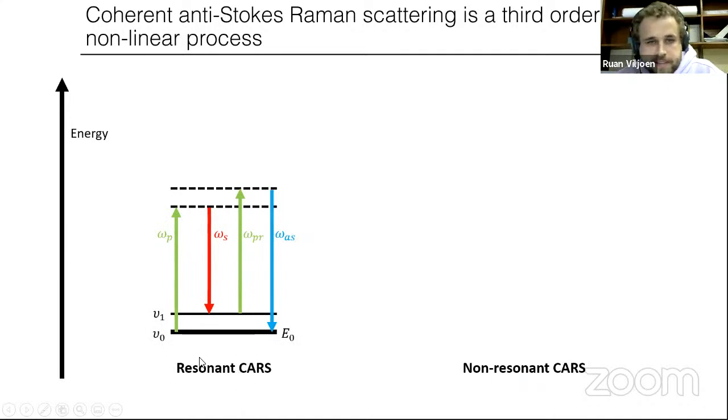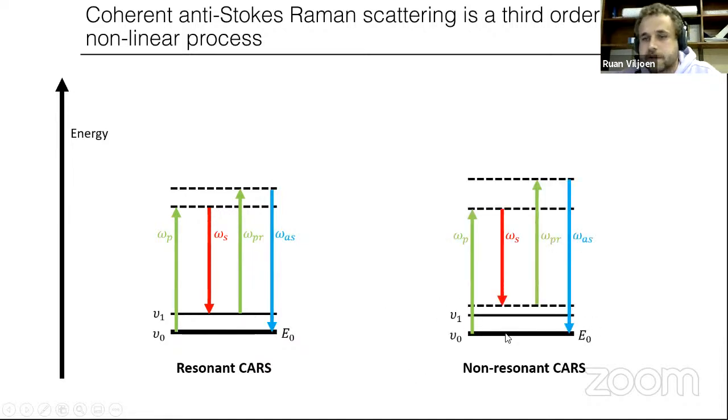I'm just going to quickly run over what this means diagrammatically. Typically you have a resonant signal and a non-resonant signal. To generate a resonant signal, you need a pump field and a Stokes field, which together interfere to excite your molecule to an excited vibrational state. A third field, which we call a probe, then induces an anti-Stokes photon to be emitted, and this is what we measure. If we know what the probe frequency is and we've measured this frequency, then we can figure out what the frequency is of the resonant transition.